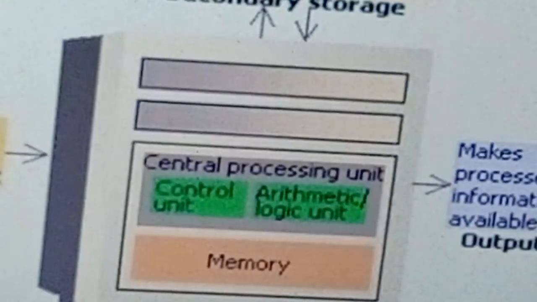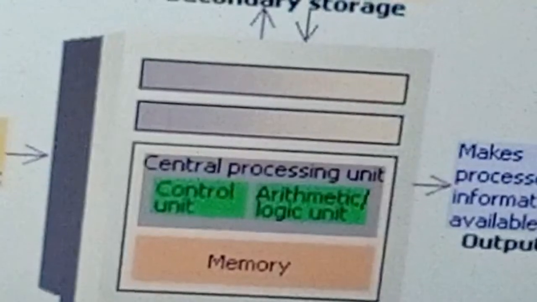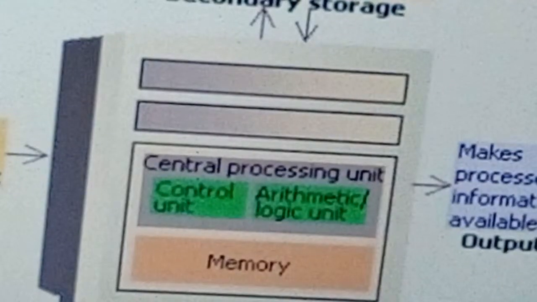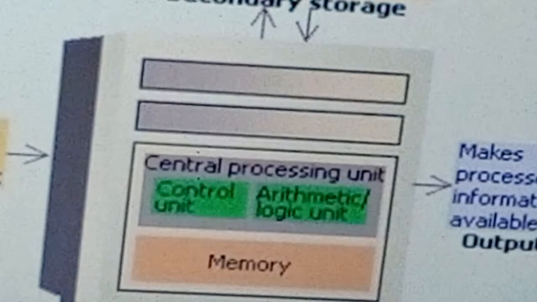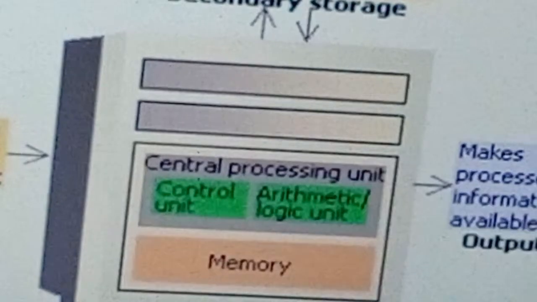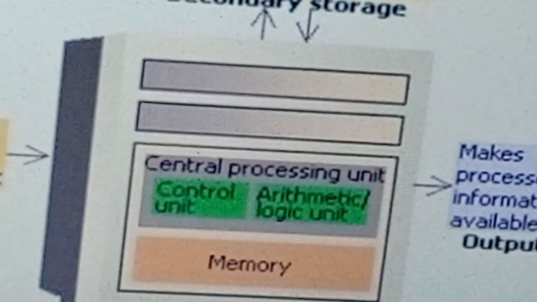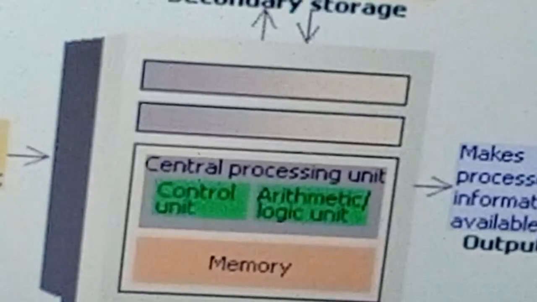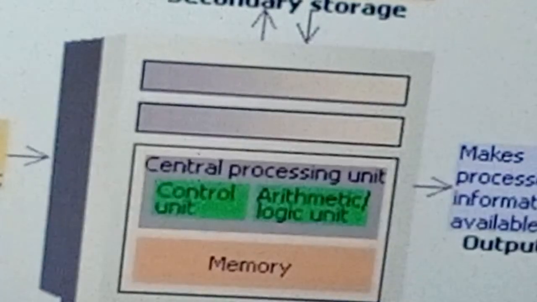When we store data in primary memory, the computer can access it, that is, we can access the information very fast.